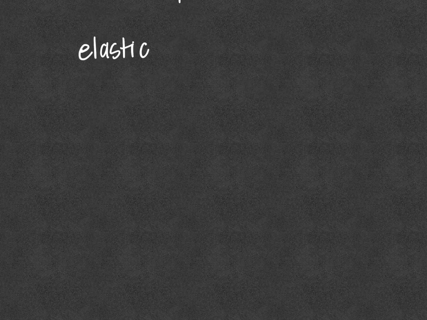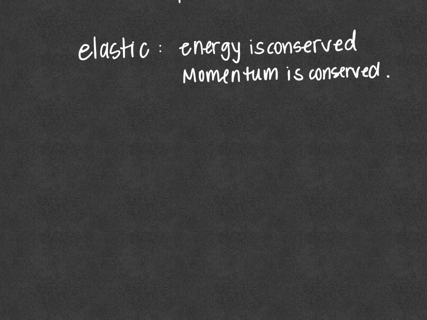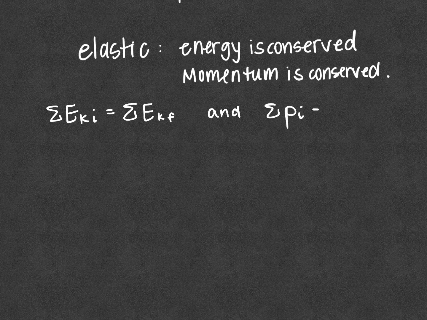The second type of collision is an elastic collision. This is one in which energy is conserved. And of course, momentum is also conserved. What's important here is that the sum of the kinetic energy initial is equal to the sum of the kinetic energy final, and the sum of the initial momentum is equal to the sum of the final momentum of the system.